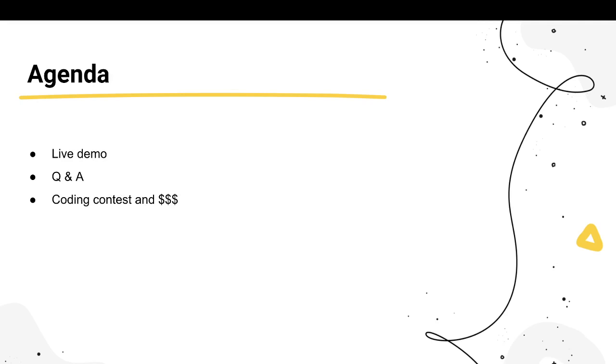The agenda for today is a live demo, and then we're going to have questions and answers, and then there is a coding contest which you can do at home. More info is going to be on the Discord channel.